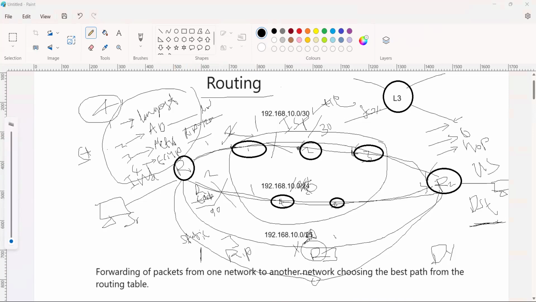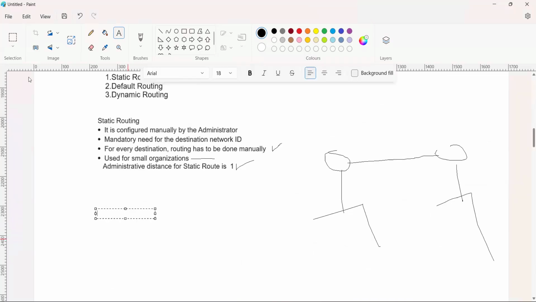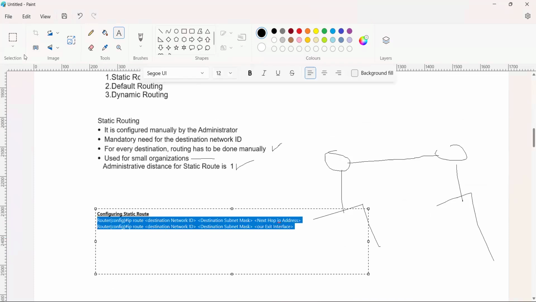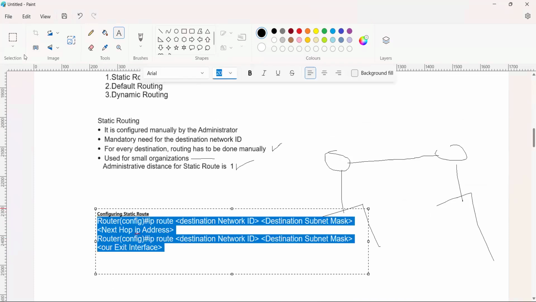And how do we configure static routes? This is the configuration part. I'm giving the syntax here.